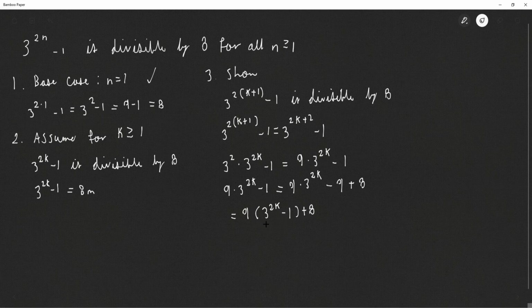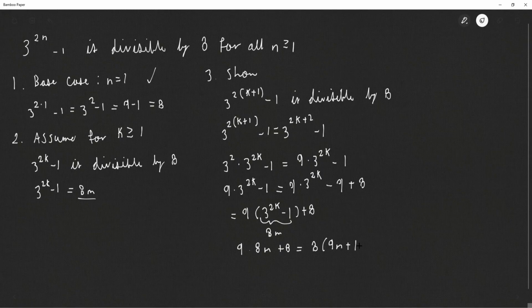And by the hypothesis, 3 to the 2k minus 1 is equal to 8m, like what we had here, which means we get 9 multiplied by 8m plus 8, which is equal to 8 multiplied by (9m plus 1), if we factor out an 8.